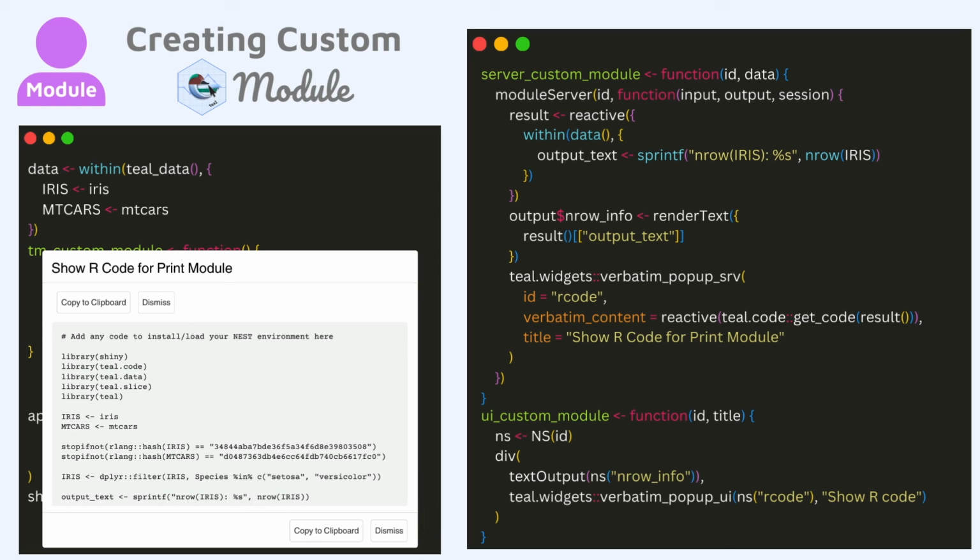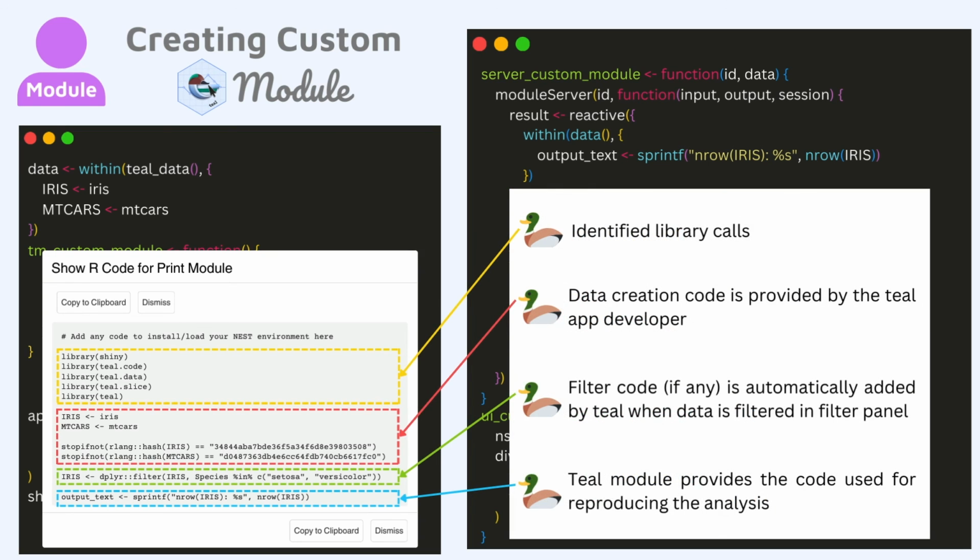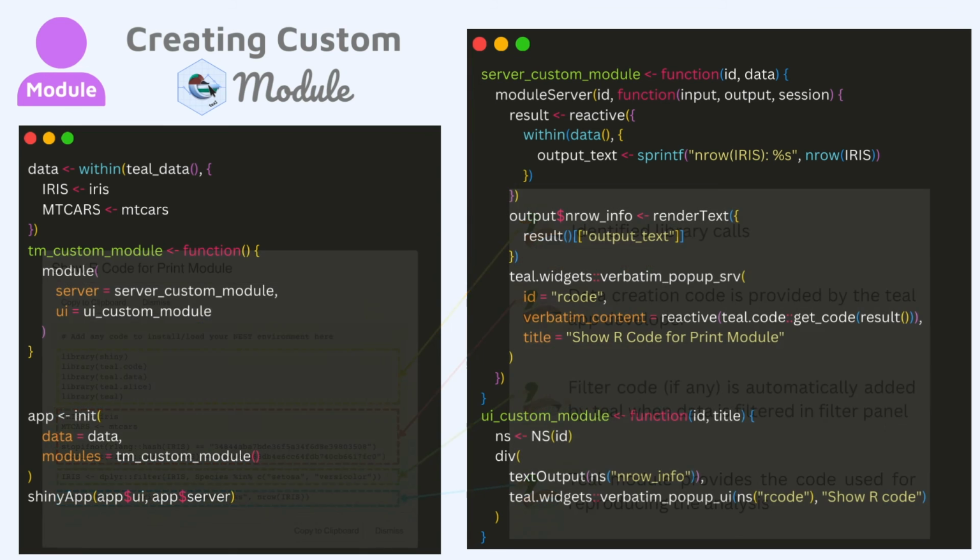Note that any active filters in the filter panel will also be dynamically added to this code. To summarize, the code contains any identified library calls, the data creation code which is provided by the Teal app developer, data filter code performed by the filter panel, and code provided by the module.